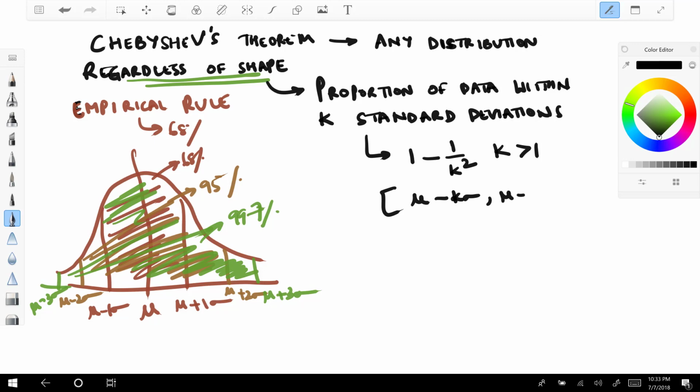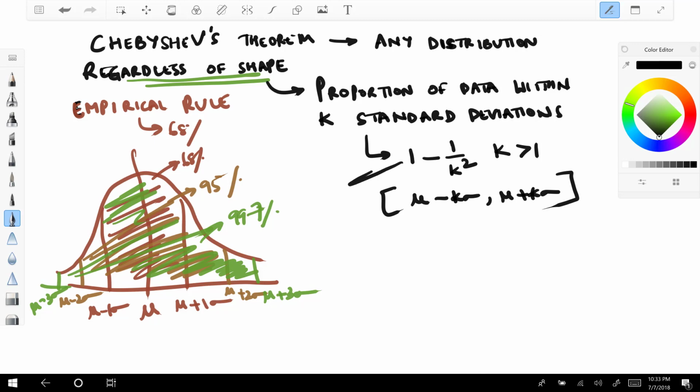So what it is saying is, if we consider mu minus k sigma and mu plus k sigma, 1 minus 1 by k square is the percentage of the data that lies within that interval.